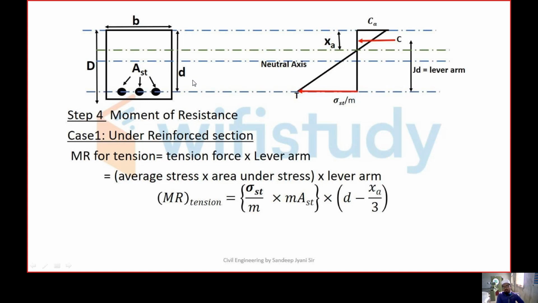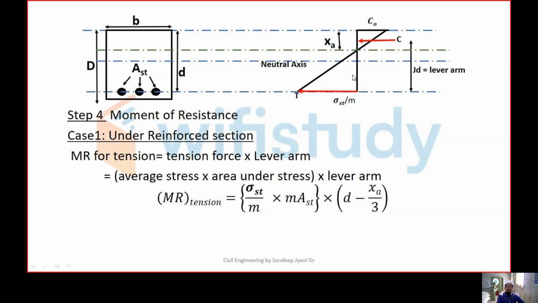Average stress means maximum plus minimum by 2. First of all, the stress is given as sigma st by m. Minimum here is 0 only. So sigma st by m plus 0 by 2, into the area under stress.